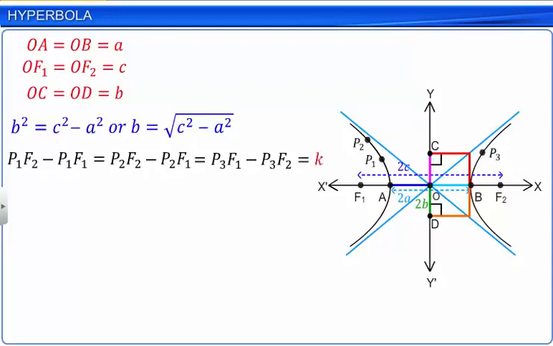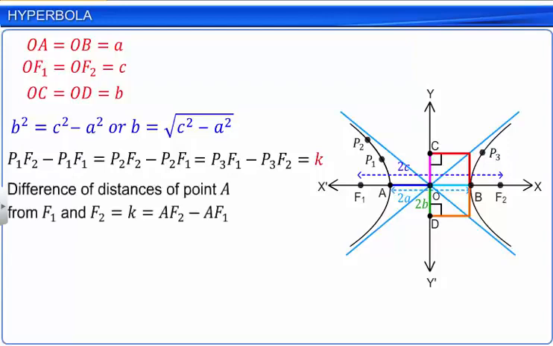Consider vertex A that lies on the hyperbola. The difference in the distance of point A from the two foci is given by AF2 minus AF1. Since AF2 is equal to AB plus BF2, we get k is equal to AB plus BF2 minus AF1. Let this be equation 1.